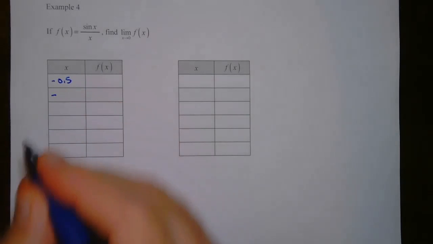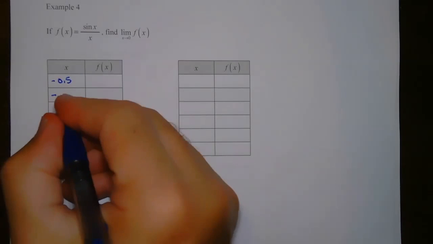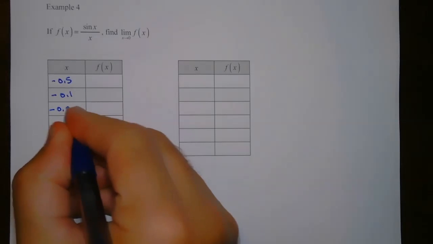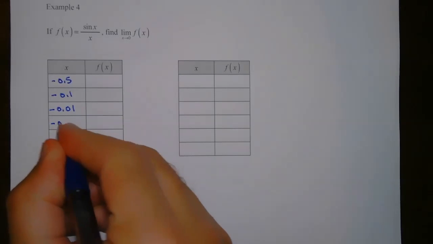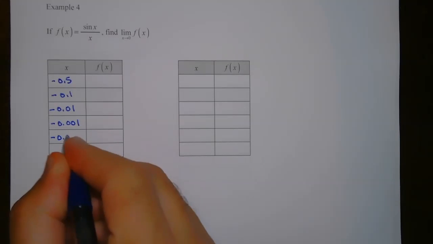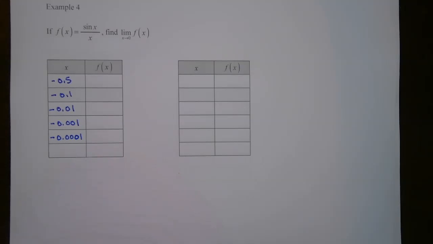And then negative 0.1 to the left. So we want to take it and subtract, okay? And that'd be negative 0.1 and negative 0.01 and negative 0.001 and negative 0.0001, okay? And so I'm going to go to my table and figure out what these are.